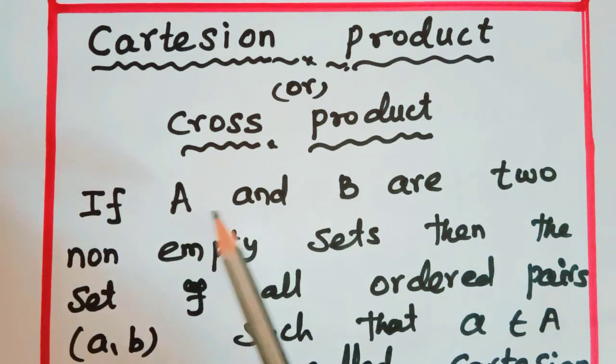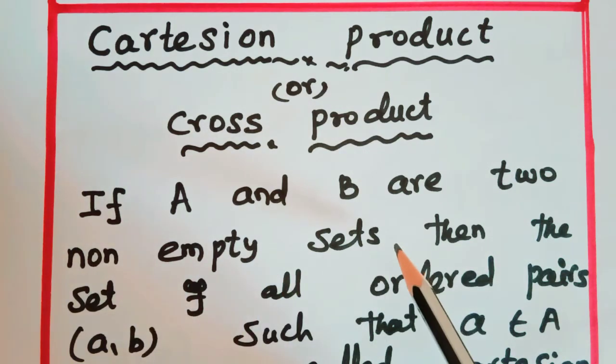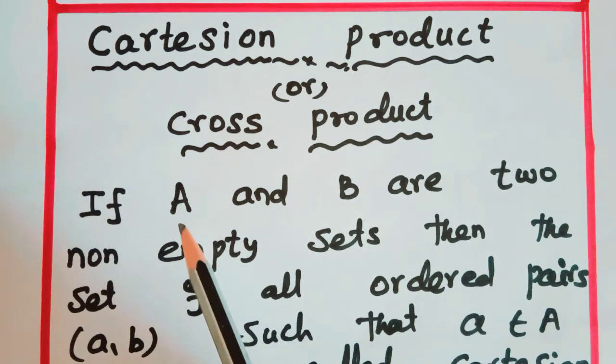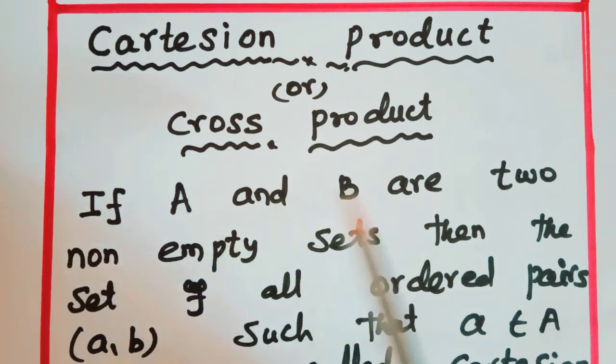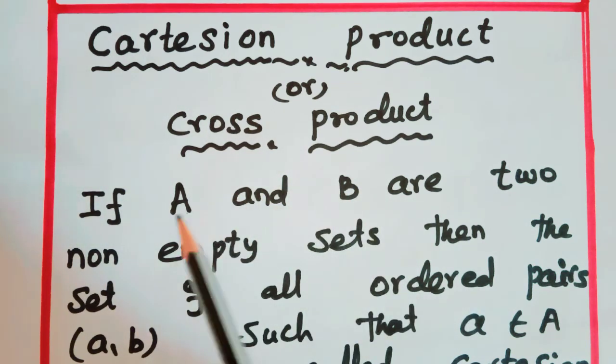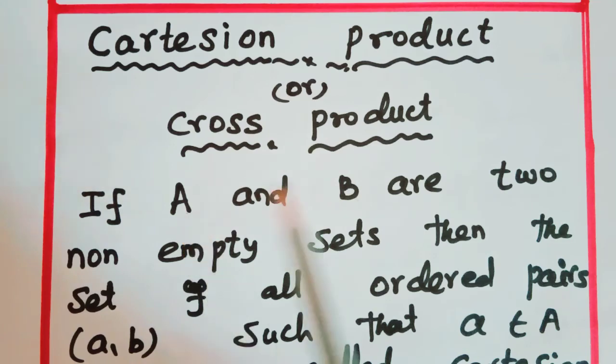If A and B are two non-empty sets, that means there are two sets. A is one set, B is another set. These two sets are non-empty sets. That means A and B have a few elements.